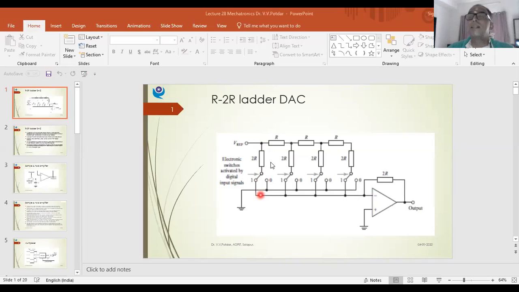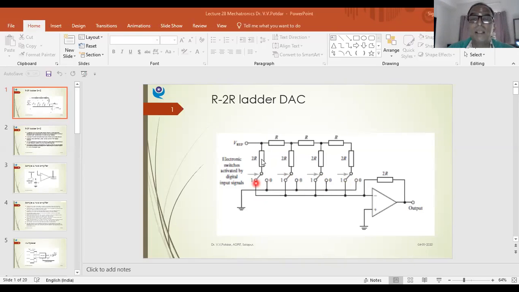And the remaining, as my number is 1 0 0 0, are zeros. So this switch will be at 0, this switch will also be 0, this switch will also be 0. So the remaining voltage will be grounded, because this corresponds to 1 0 0 0.